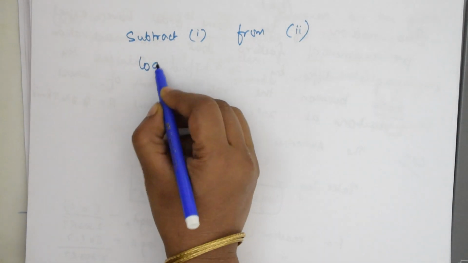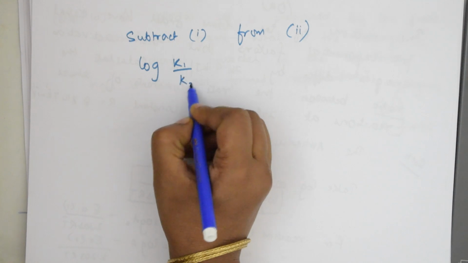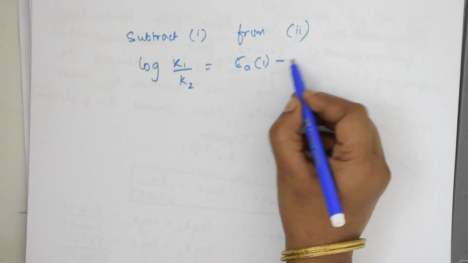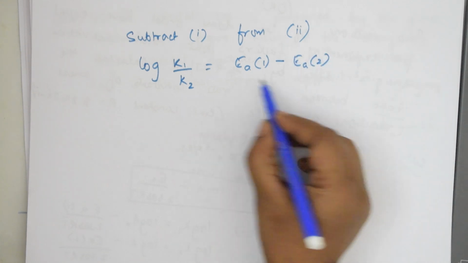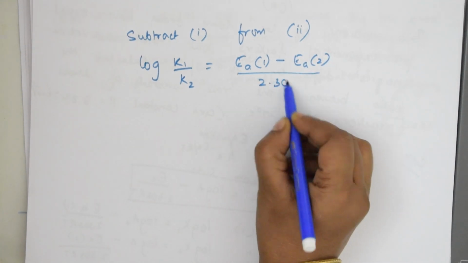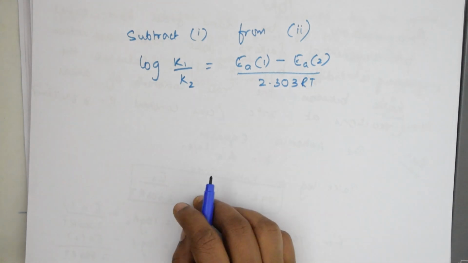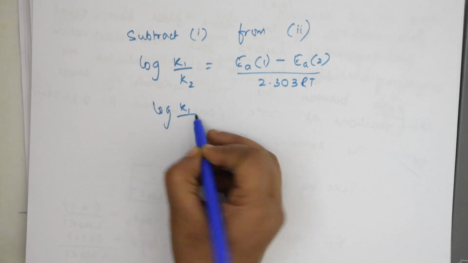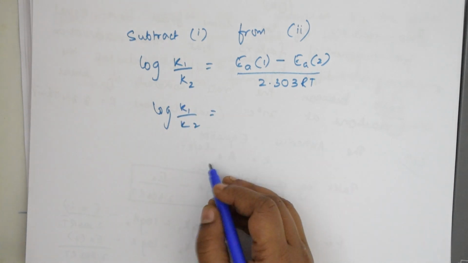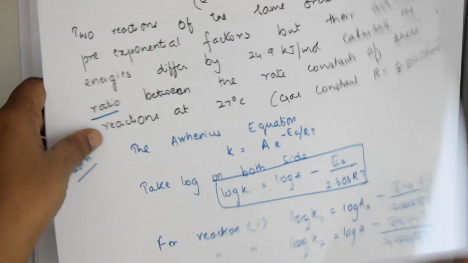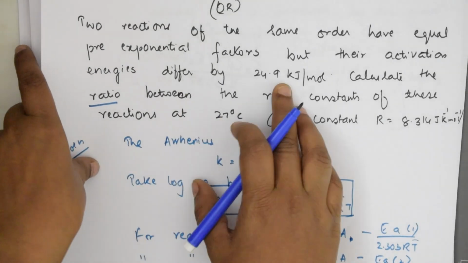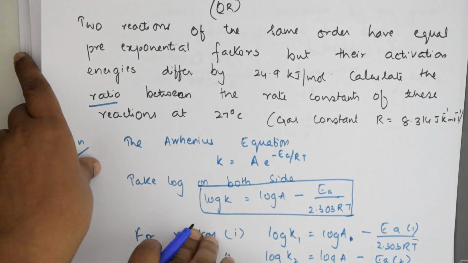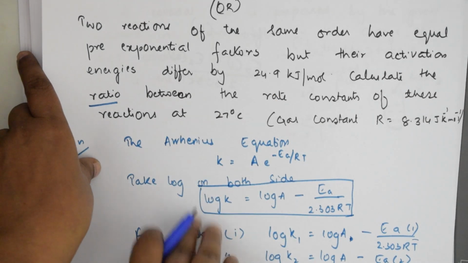So log K1 by K2 is equal to Ea1 minus Ea2 by 2.303 RT. Now substitute. How much is the difference given in the numerical? They said the energies differ by 24.9 kilojoule per mole. Correct? Right.